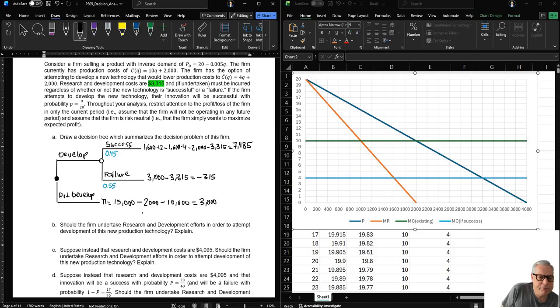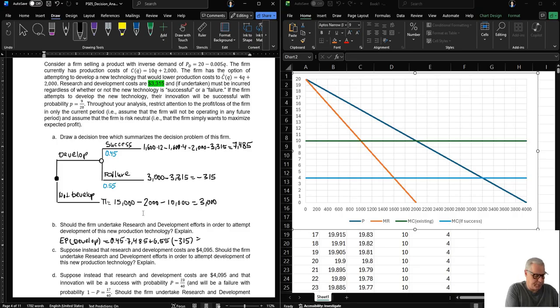The expected payoff from development is equal to 0.45 times 7,485 plus, with a probability of 0.55, we make a profit, or actually a loss, of 315.